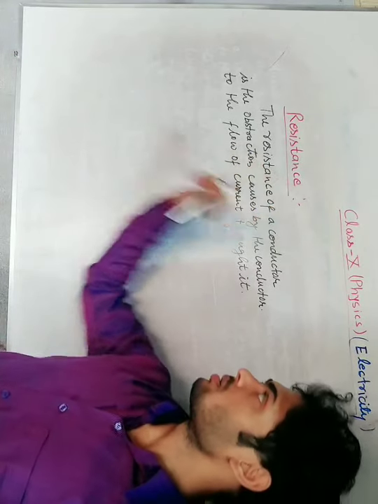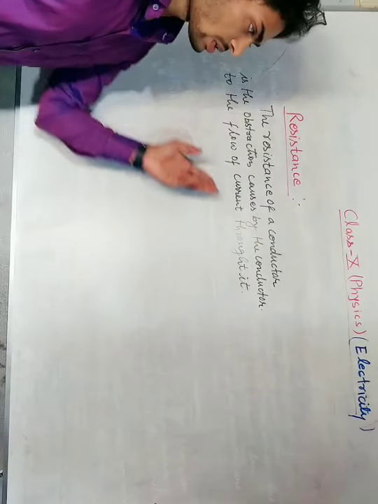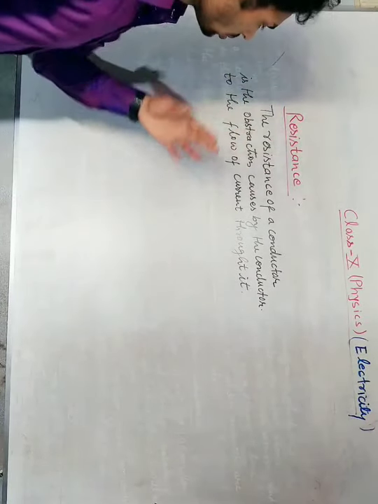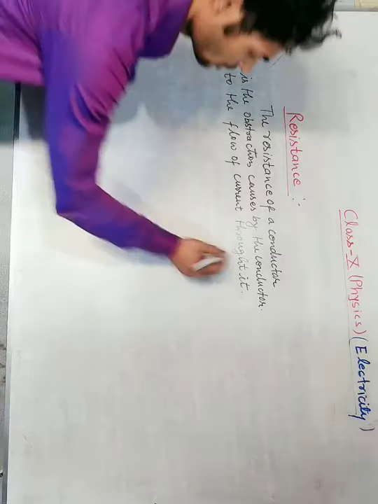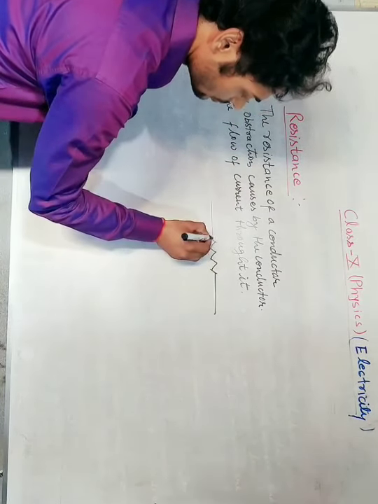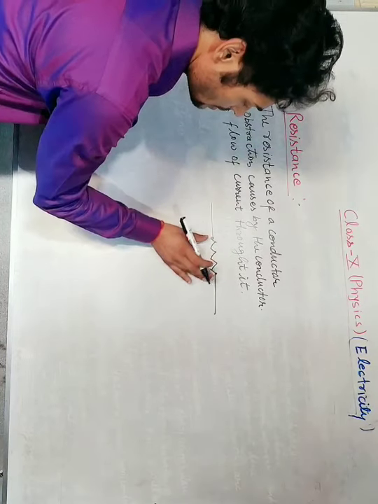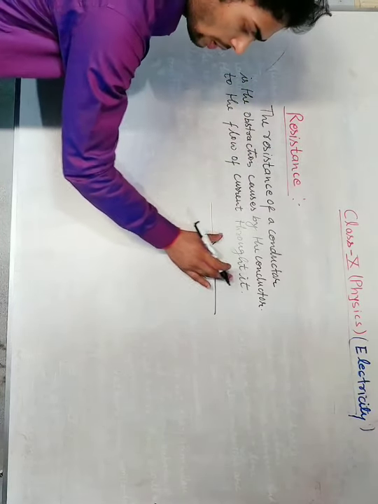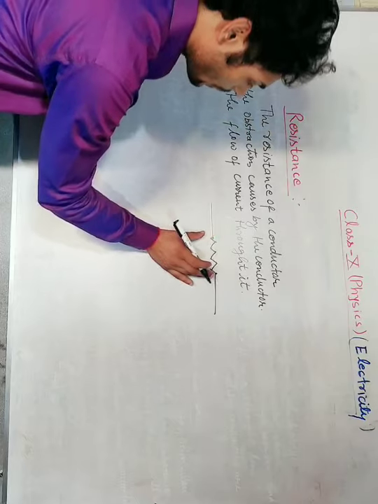Next, resistance. The resistance of a conductor is the obstruction caused by the conductor to the flow of current through it. Suppose that this is a resistance. Resistance is the obstruction caused to the current.